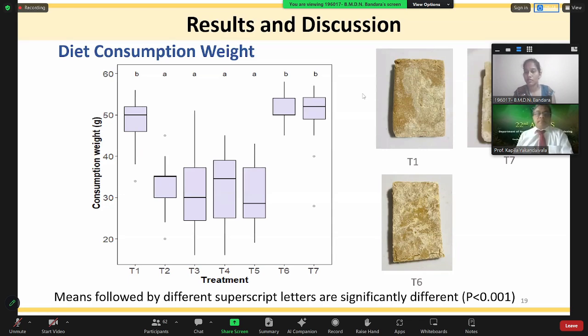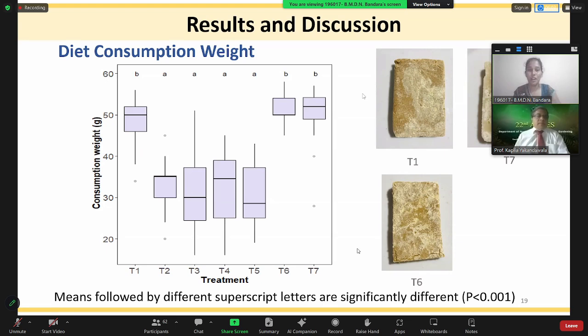These were introduced as a supplementary diet, and you measured the diet consumption based on the weight of the diet that you provided. How did you measure the natural weight loss, not due to the feeding of bees, but which there may be in your feed? How did you tackle that?